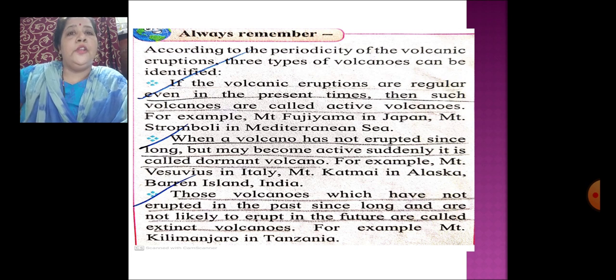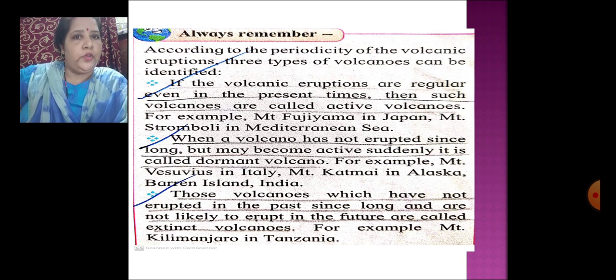For example, Mount Fujiyama in Japan and Mount Stromboli in the Mediterranean Sea. These are two active volcanoes, or mountains.